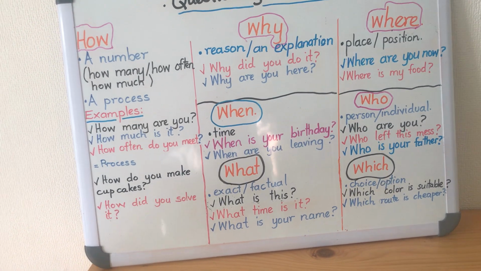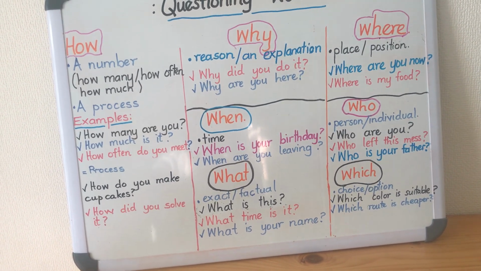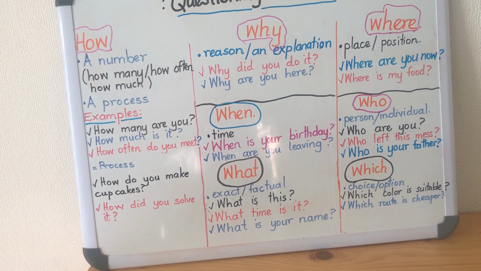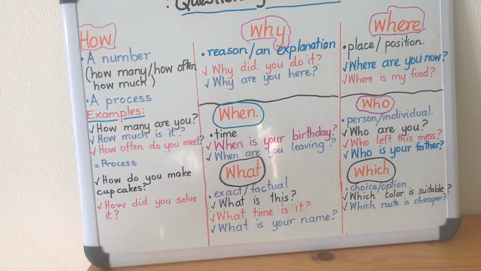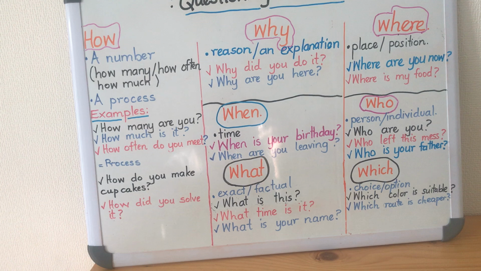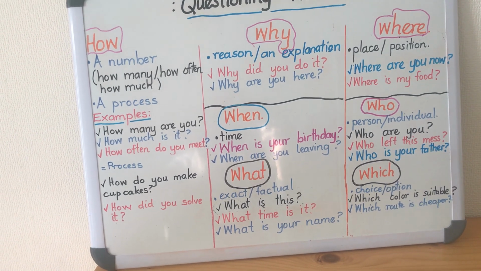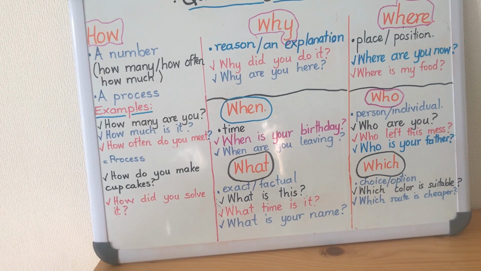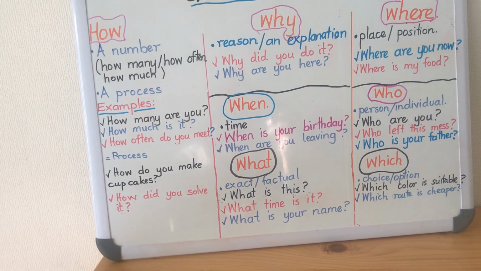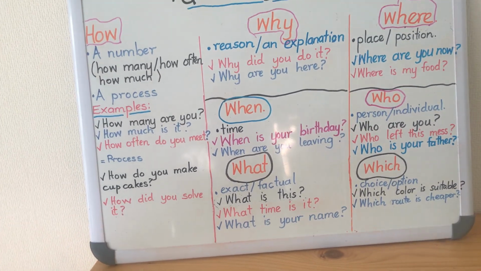Which color is suitable? I'm sure you know the colors. You might try out green. I'm sure green will do. Purple, pink, right? You scout around for the best color, right? So you've got options because we don't have just one color. We have several colors, right?